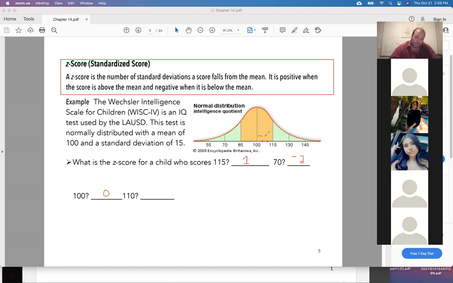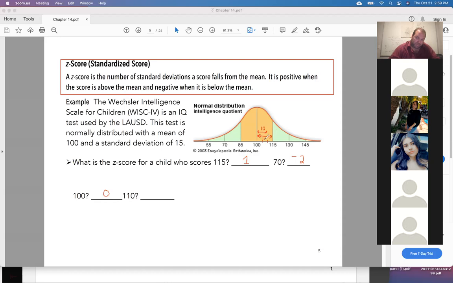Well, what's the entire length from here to here? 15. And how far are we from the mean? 10. So we are 10 out of 15 above the mean.